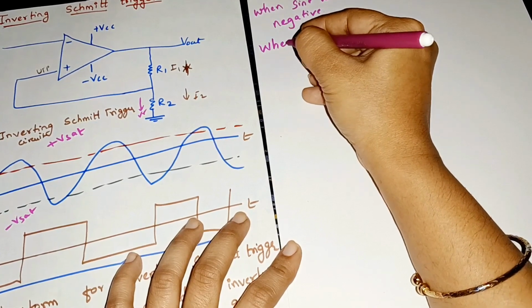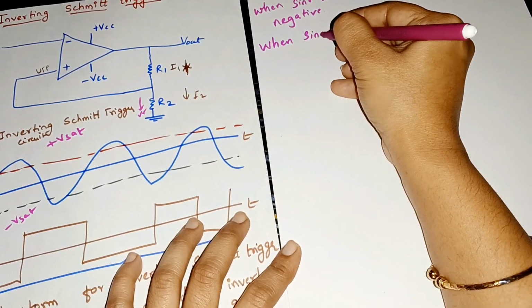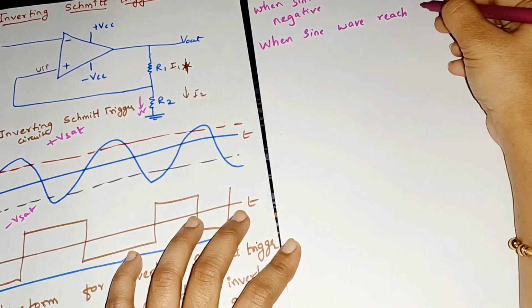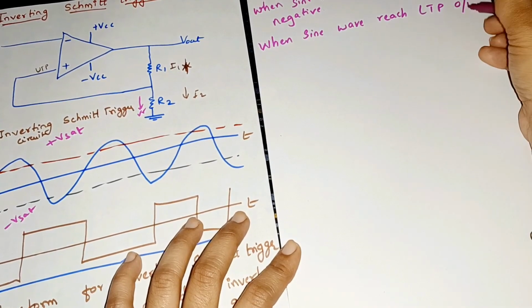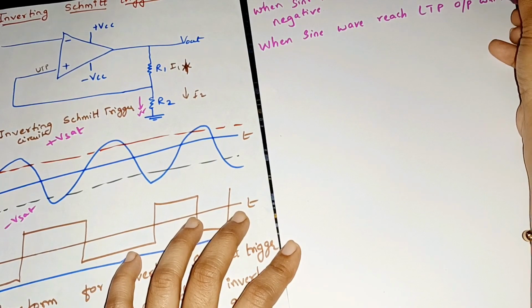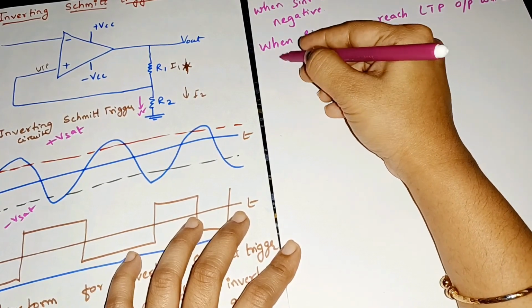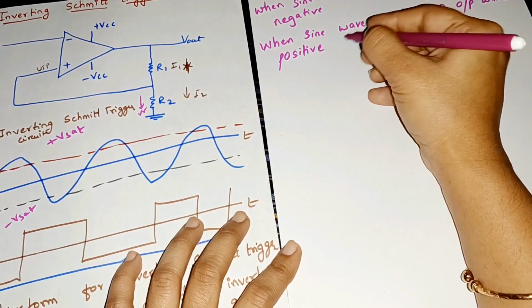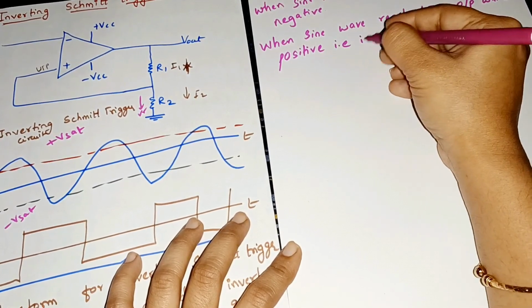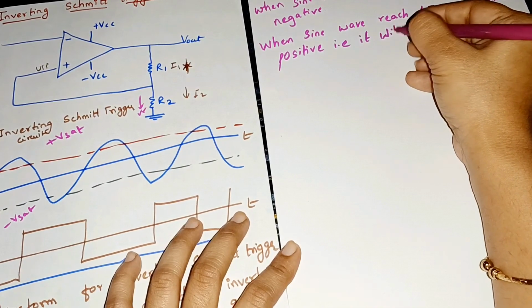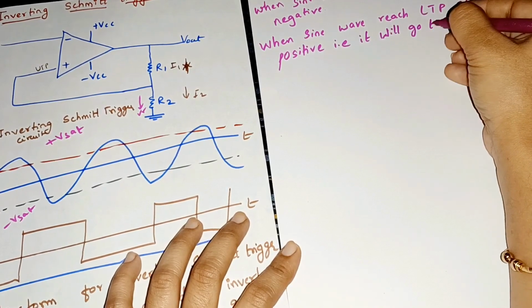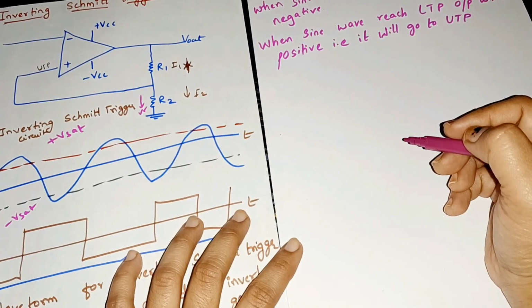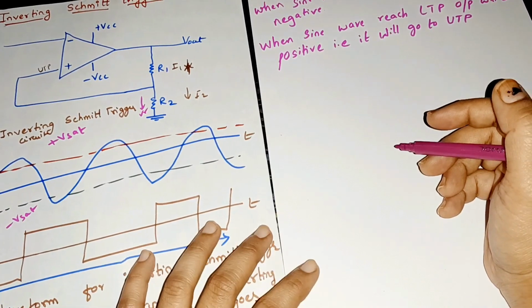When the sine wave reaches LTP, the output will be positive, and it will go to UTP.